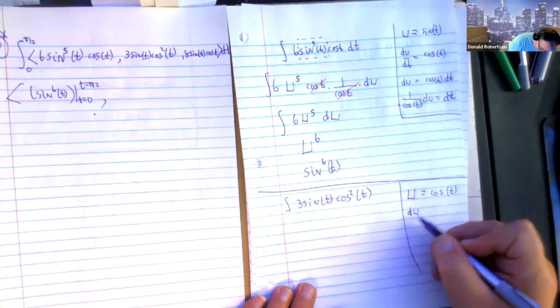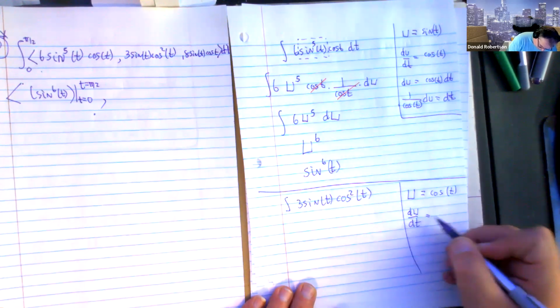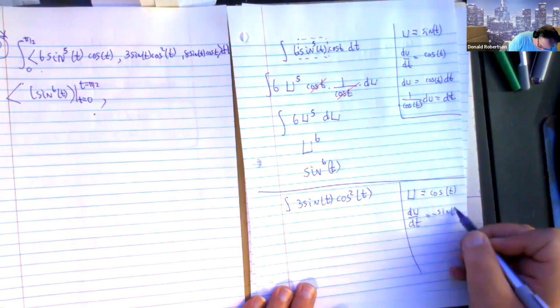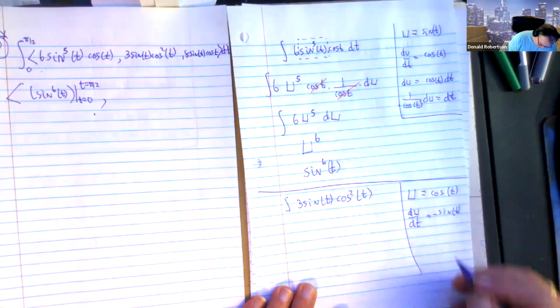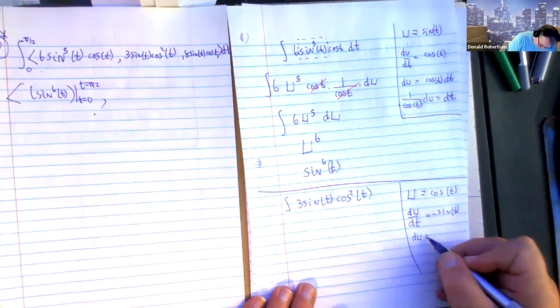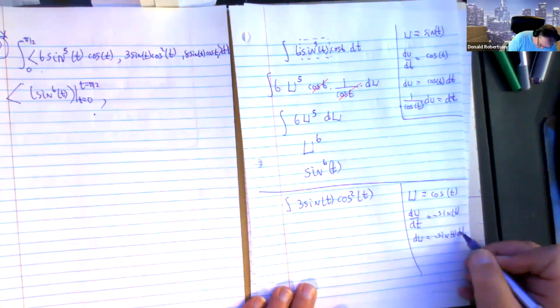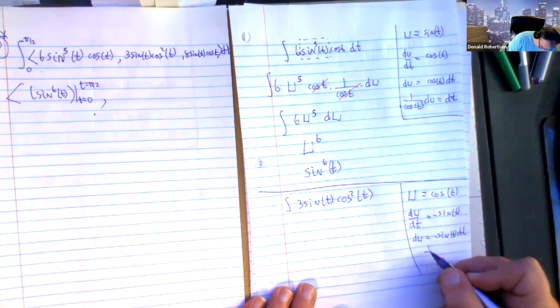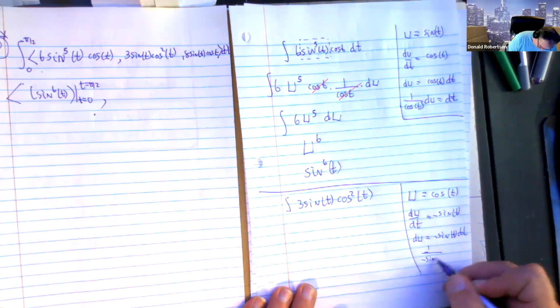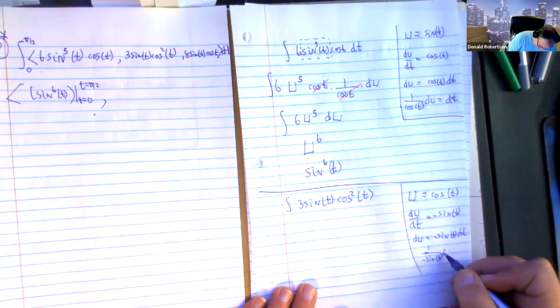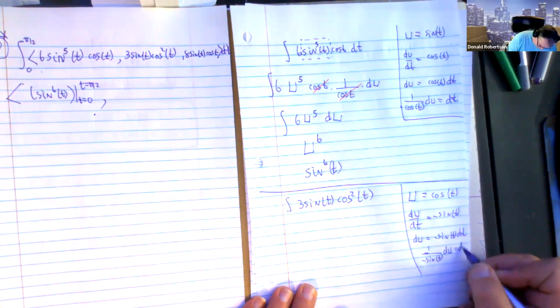And if you go through the generic process, remember the derivative of a cosine is negative sine. If you do the crossover, and then you divide everybody, you have now isolated the dt.